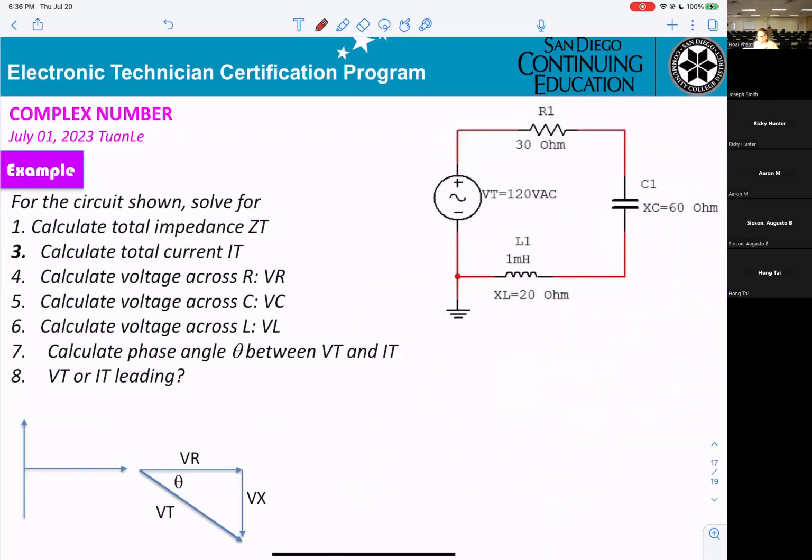Okay, now we get to LC. Remember, C will be changed to minus J60. Inductor will be J20.